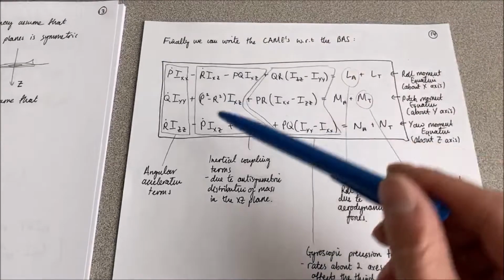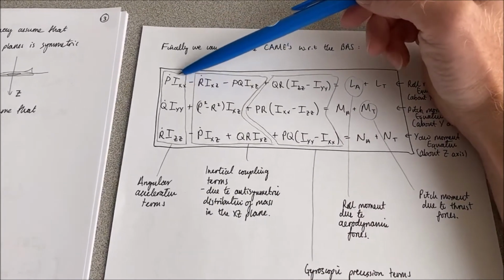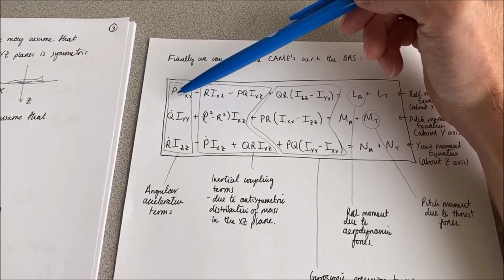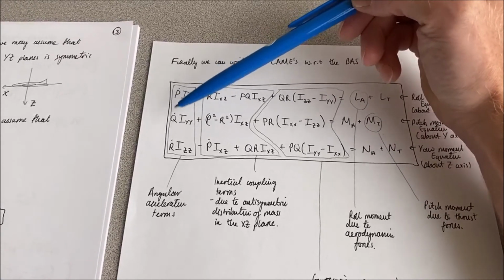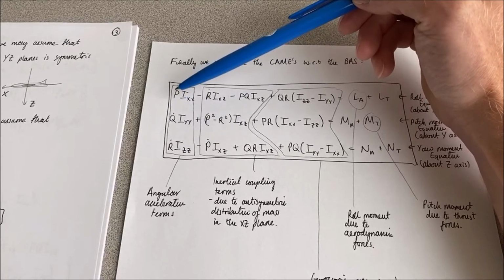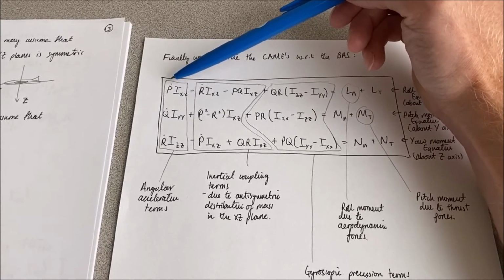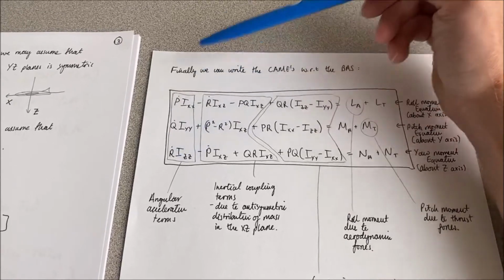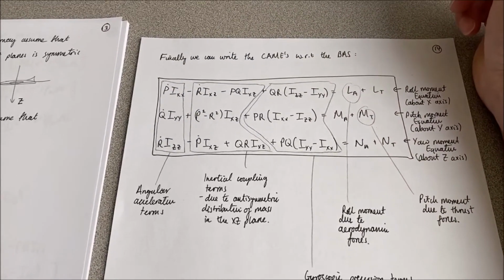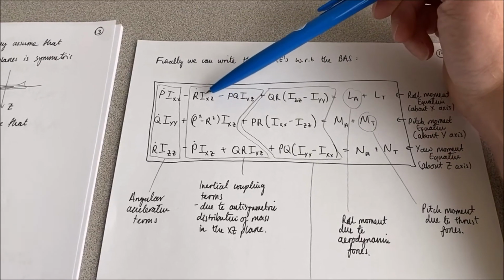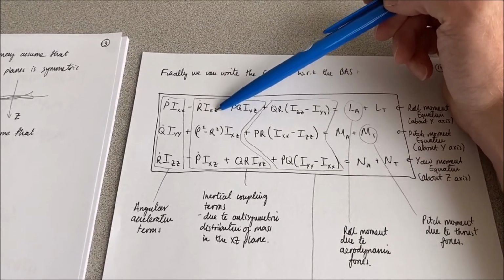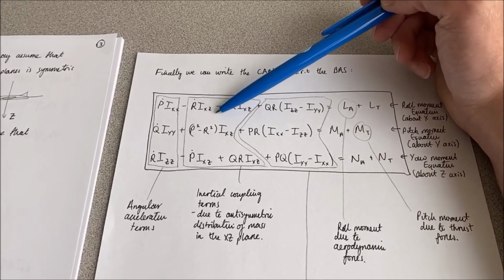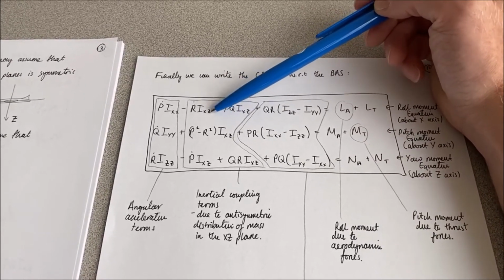So what do we have on the left hand side? Well, we have some angular acceleration terms. So the angular velocity vector is p, q and r. We've got dots here which correspond to the derivatives of those velocities with respect to time, so these are actually accelerations. We also have some inertial coupling terms, so remember we left in all of the products of inertia with respect to the x and z axis because that's the only one that's not symmetric.